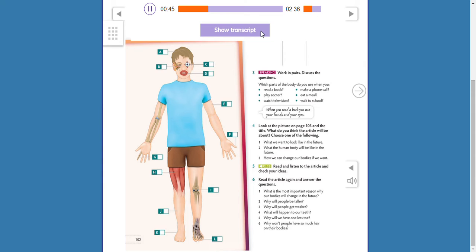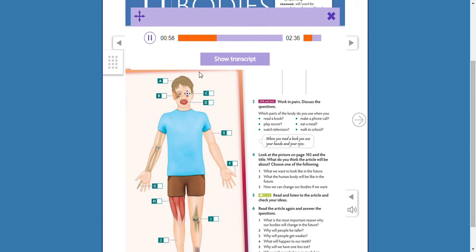1. Let's start with the example above. Humans are now 10 centimeters taller than 150 years ago. So in the future, people will probably be even taller. Most of us now have much better food than people in the past, and so we grow more. 2. We'll get weaker. Our muscles won't be as strong as now because we won't do a lot of physical work. 3.